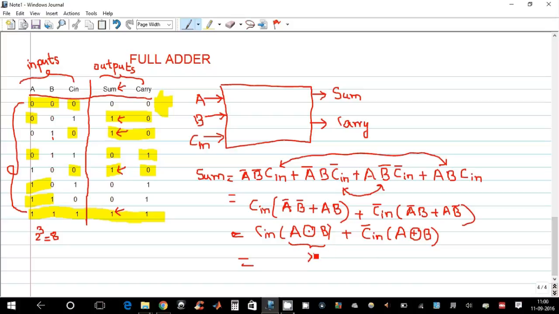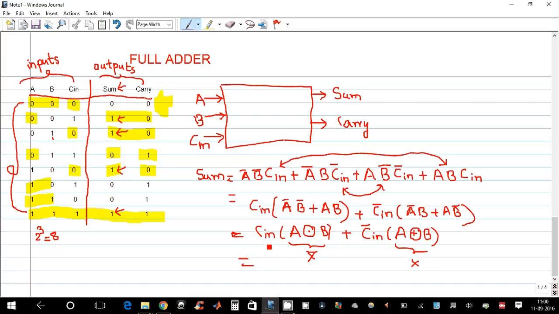So the complement of a x nor b is nothing but a XOR b. So this is nothing but x bar. Or you can consider a XOR b to be x. So this complement, it will be a x nor b, that is equal to x bar.